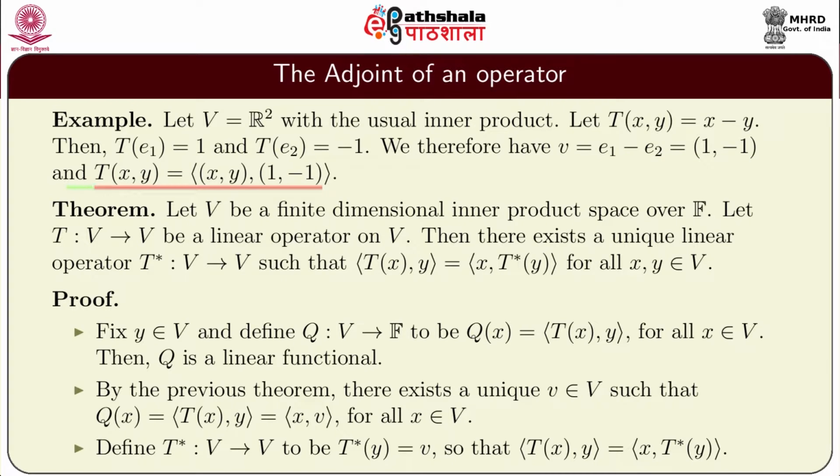And therefore, T of (x, y) is equal to inner product (x, y) comma (1, -1), and it is indeed so, because it is the usual inner product, and you can see that T of (x, y) is x minus y, which is indeed the same as inner product (x, y) comma (1, -1).